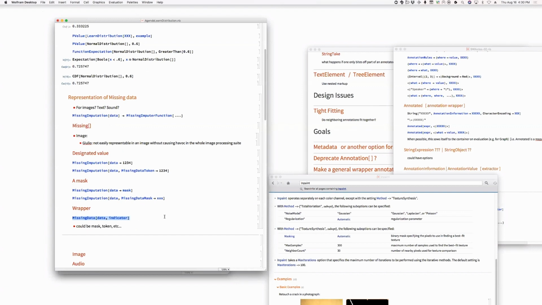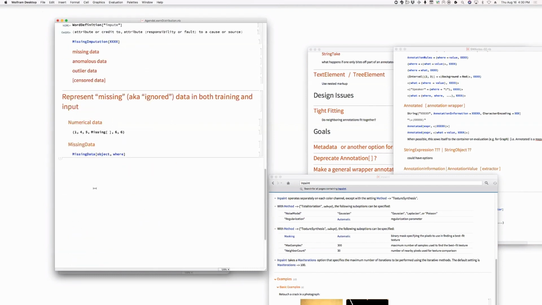Now, of course, the question... Missing data is a weird word for this, because we already have the thing missing, which represents a piece of missing data. So this is an indirect missingness thing. I mean, this is more like a missing annotation or something.